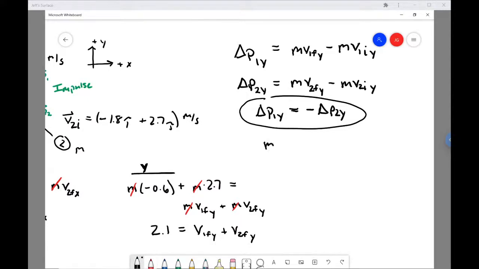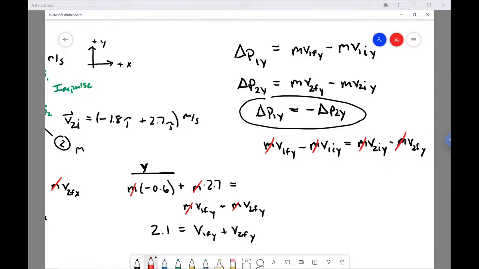We'd have m1 v1 equals m v2 initial minus m v2 final. And all the m's will cancel. So you have this relationship between the initial and final velocities.